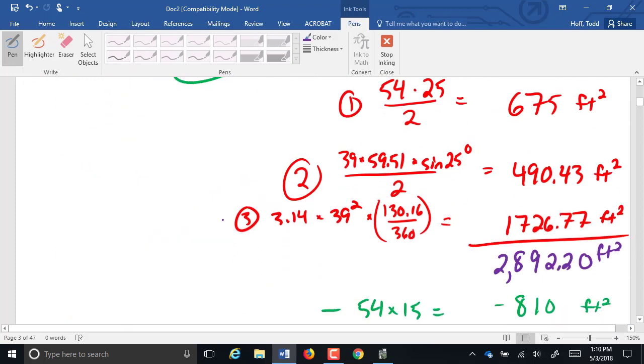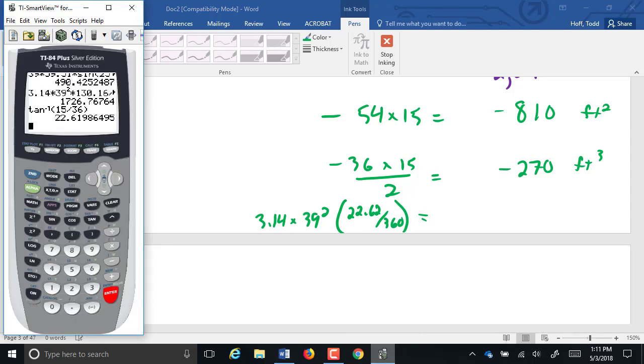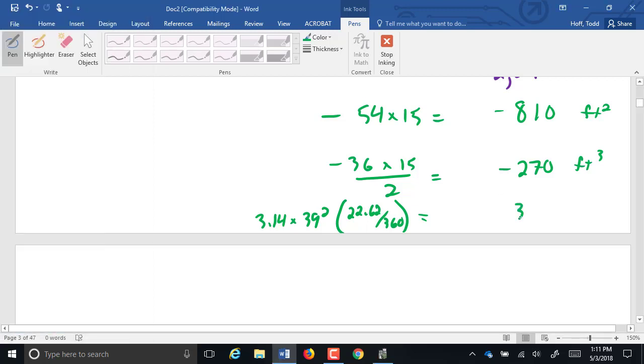So that arc is going to be pi times the 39 squared, that's the whole circle, times that 22.62 over 360. 300.09 square feet.